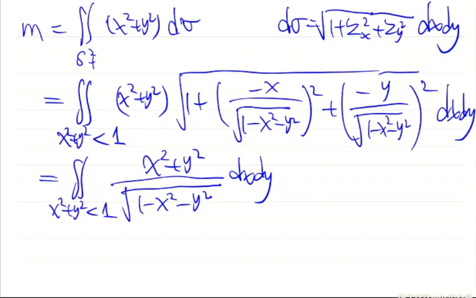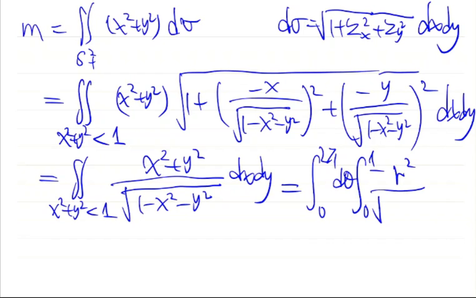Okay. So we can use polar coordinates to compute this integral. This is the integral from 0 to 2 pi d theta, and from 0 to 1, r squared, since x squared plus y squared is r squared, over the denominator, square root of 1 minus r squared.